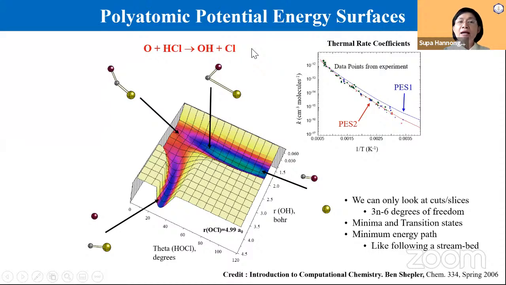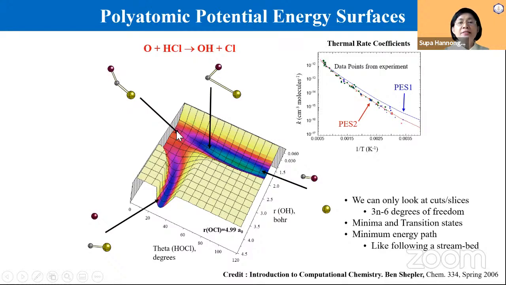If we consider how this mechanism can occur, in the experiment we probably cannot propose anything, but from computational calculations we can propose based on the potential energy surface of the system. Let's look at this picture. We have the oxygen atom, hydrogen, and chlorine. So it can be possible to go in two directions.